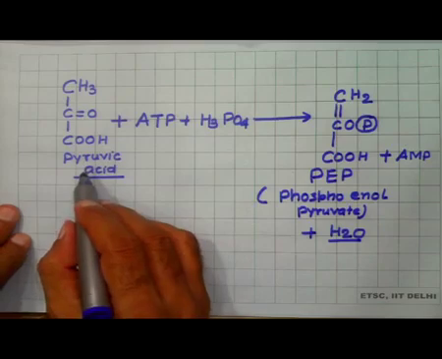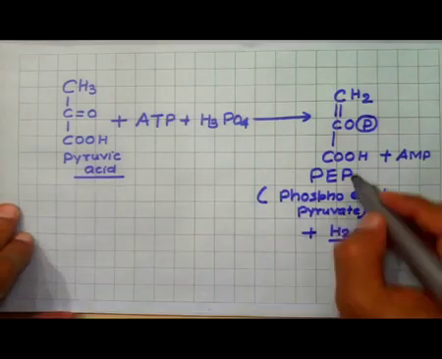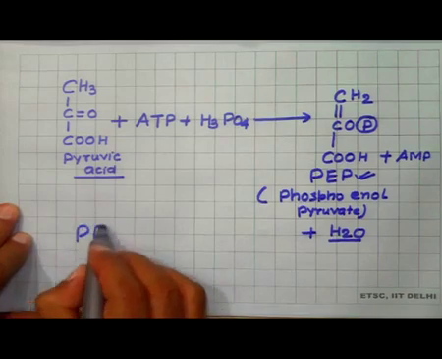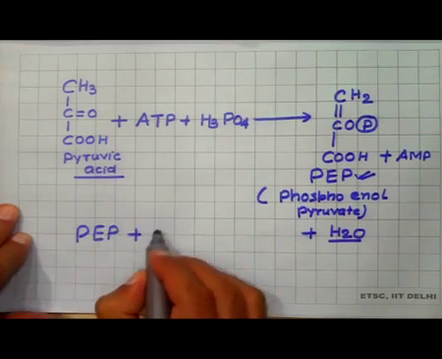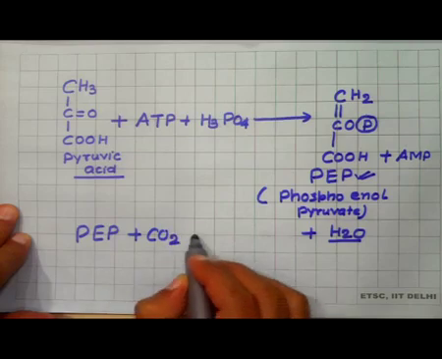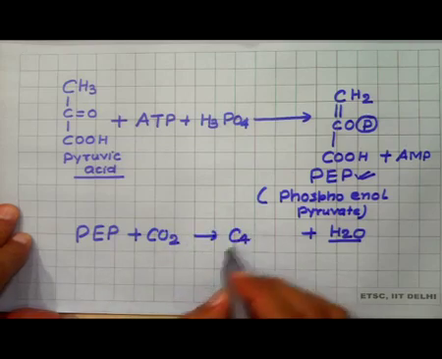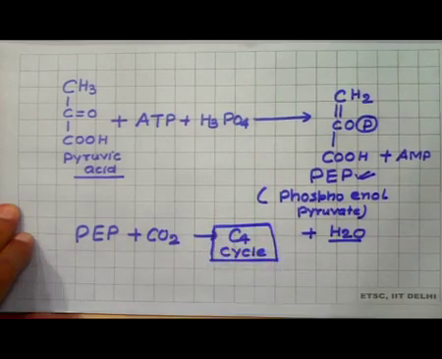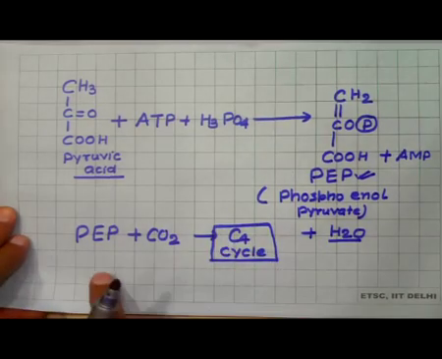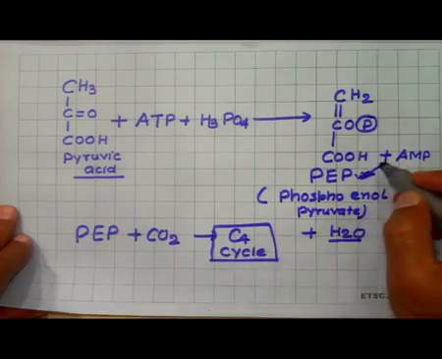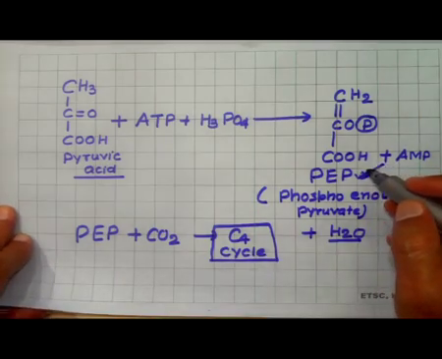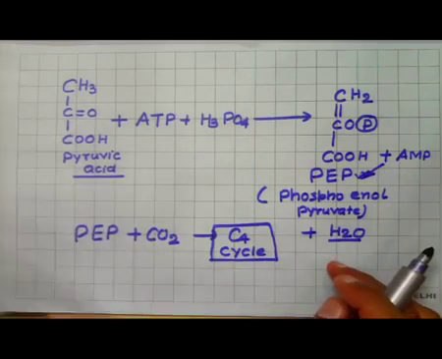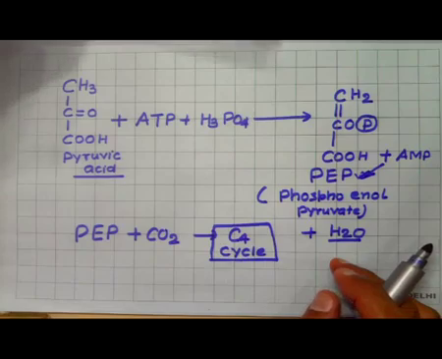So, from the pyruvic acid the PEP is formed. This PEP is the acceptor of carbon dioxide in C4 cycle. So, we have already learned how this PEP is formed, and it is the first acceptor of carbon dioxide in C4 plant.